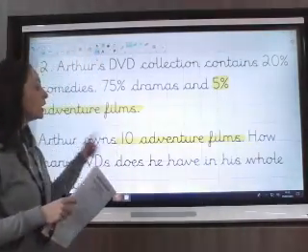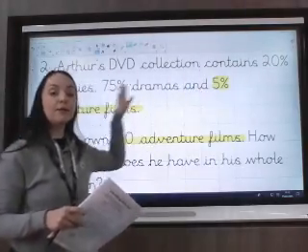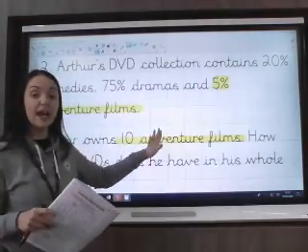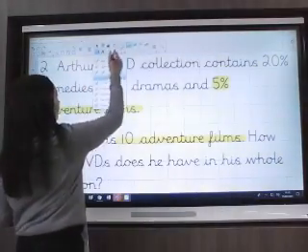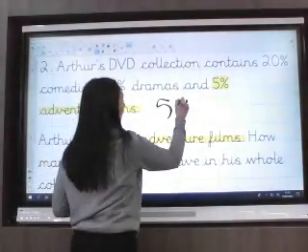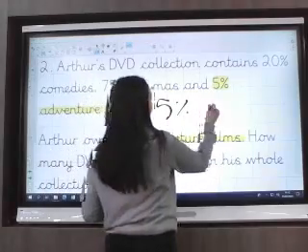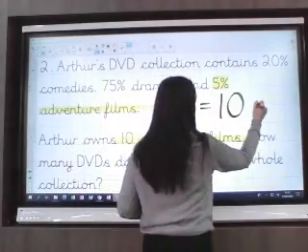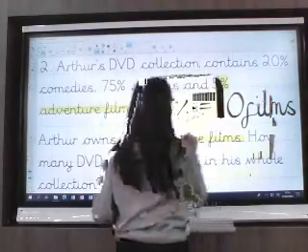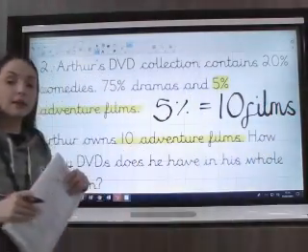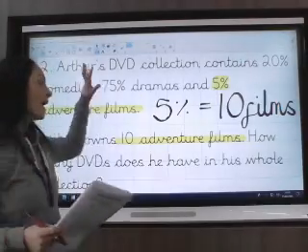Okay, so because we know he had 5% adventure films, and that means 10, we know that 5% equals 10 films. That's what we know from that information.